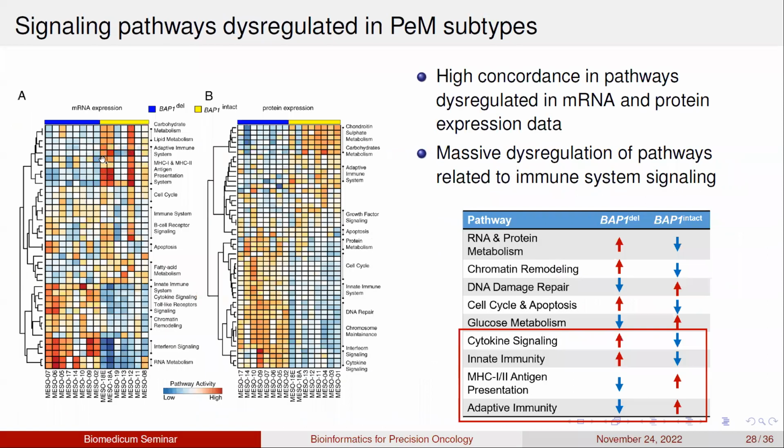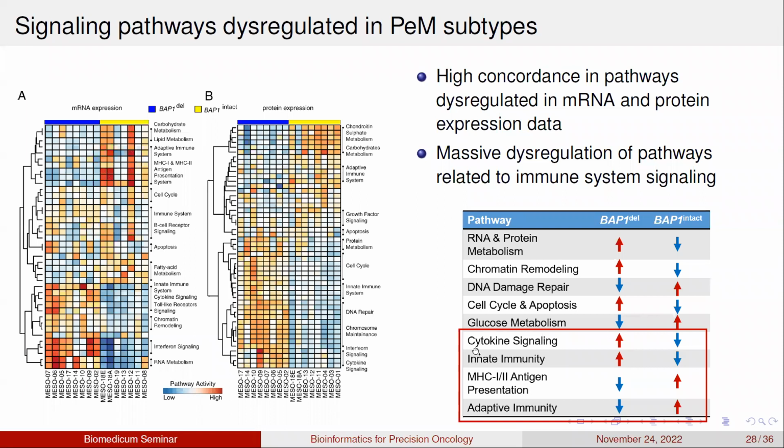We also looked at the mRNA and the protein expression of individual cancers in the context of different signaling pathways, and there were differences in different pathways, for example, chromatin remodeling, DNA repair, and cell cycle pathways. But strikingly, we found that there were changes in immune system-related pathways.